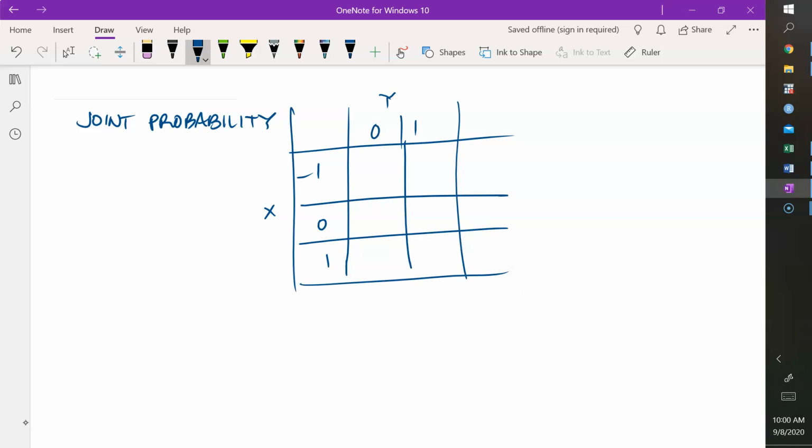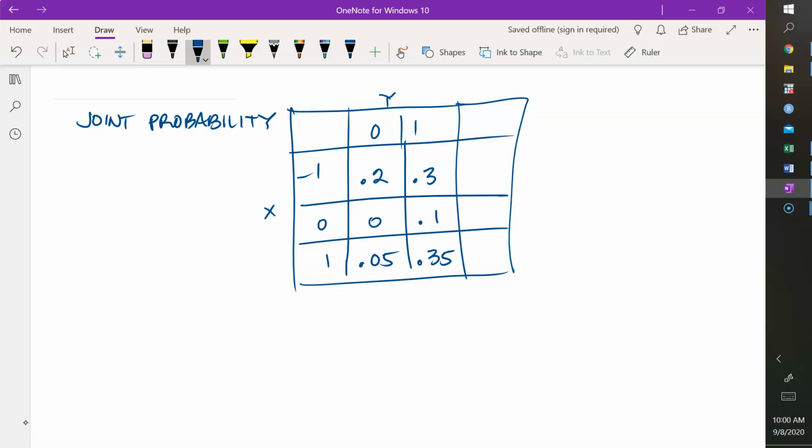So we're thinking about the chances of each of these pairs of things happening. What we have here is saying the chance that x is 1 and y is 0 would be 0.05.